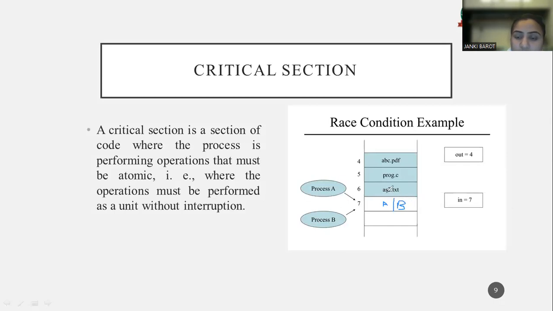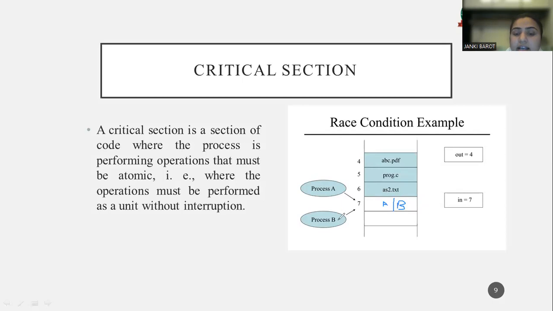So either one of the two will be executed. It's like musical chairs. A chair can be occupied by only one person.